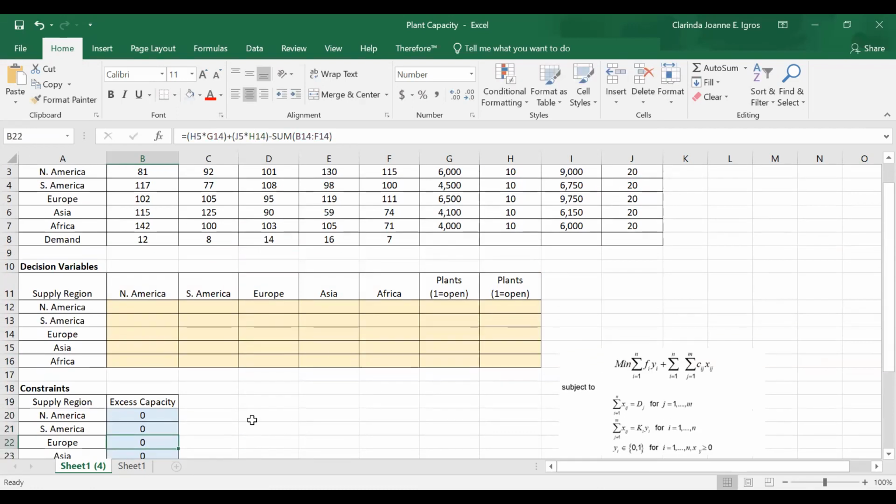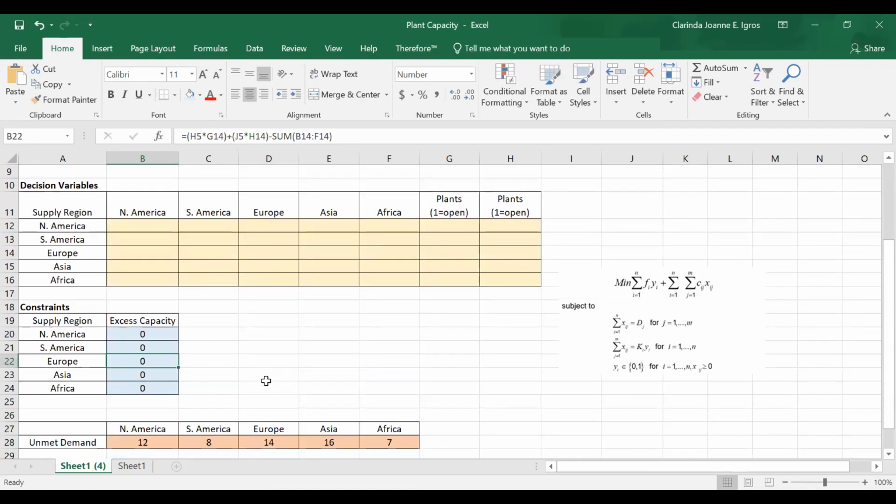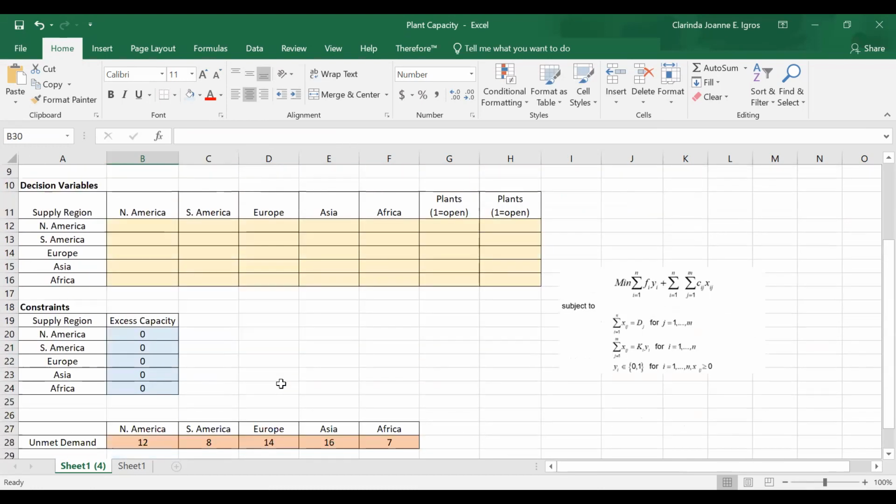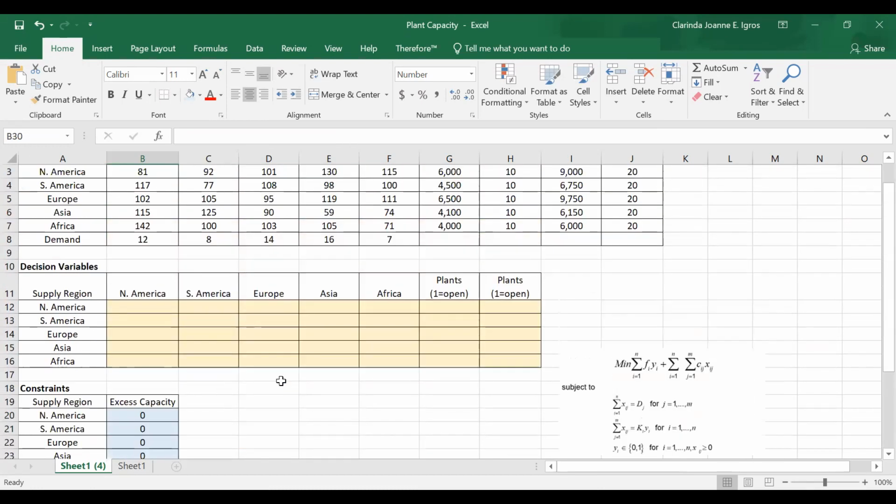Once the constraints are identified, we now have to identify the objective function. The objective function is just the summation of the fixed cost plus the transportation cost.